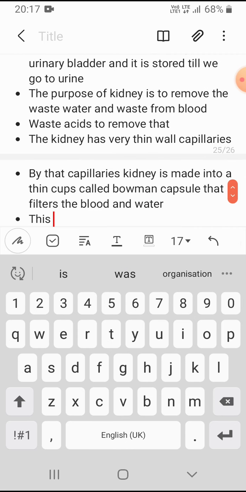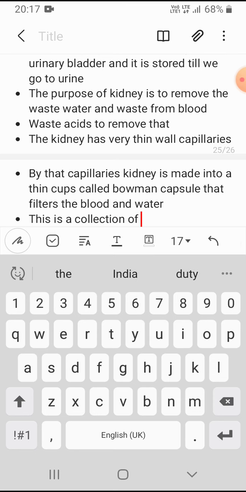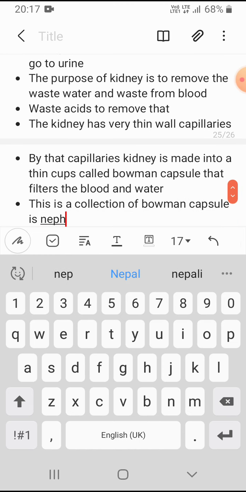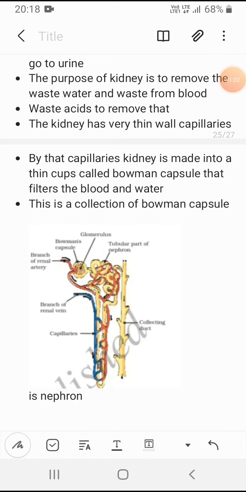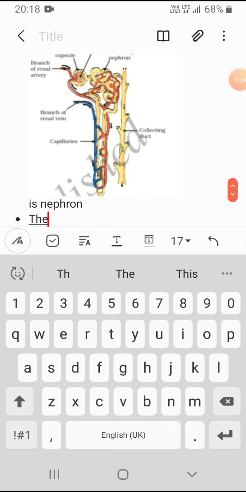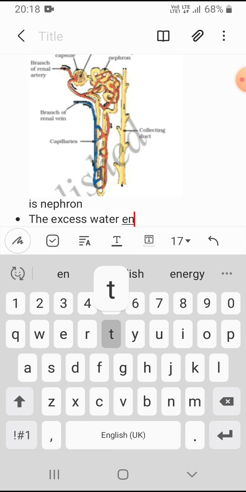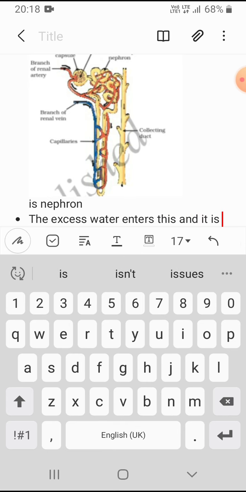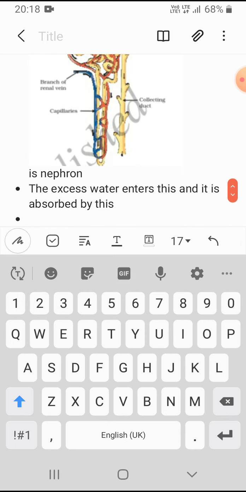And the collection of Bowman capsules is the nephron. The collection of Bowman capsules is the nephron. So the excess water enters this and it is absorbed by this. If it is pure, it is absorbed by this.